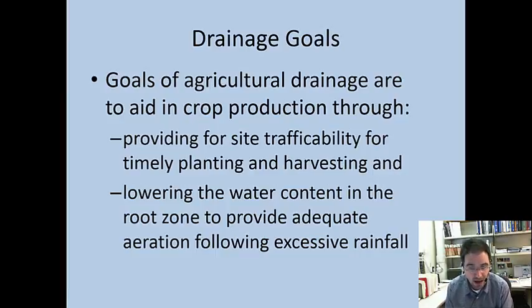For example, in Iowa, we get a lot of our rain in April, May, and June. We get high water tables during that time of the year because of the rainfall. Our artificial drainage allows us to lower that water table to allow for crop planting, early crop germination, and early crop development. So that drainage is very critical to getting some air back into that soil profile for the crop development. So our drainage goals are really to help aid in crop production.